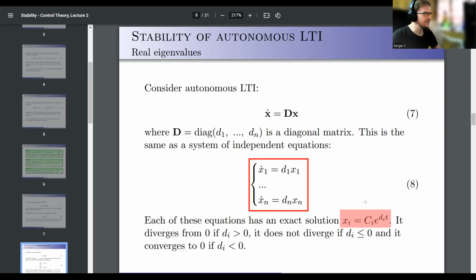The solution is X sub i of t equals C sub i, which is the initial condition for this equation, times e to the power D sub i t. So this is the exact solution for this equation.